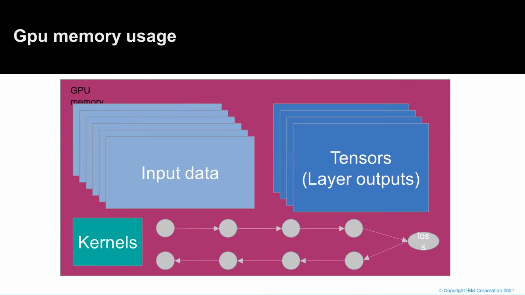So how it works in a nutshell. Without large model support, you have the GPU memory in red, where all the input data from the batch size that you are going to train, the tensors that are produced by the different layers of my model, as well as the parameters of my model, as well as the kernel code, have to be kept in this limited GPU memory.